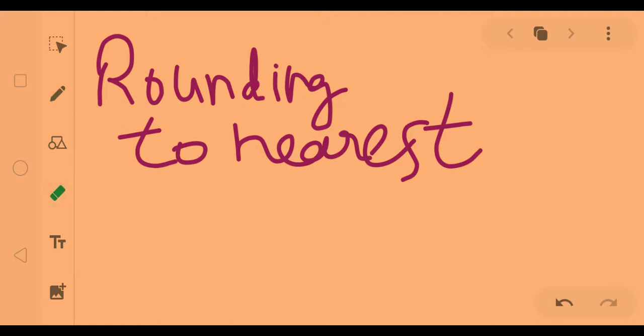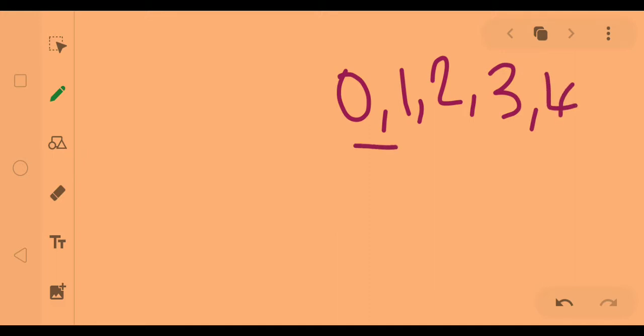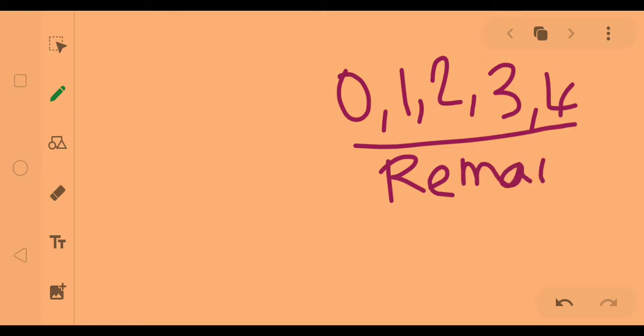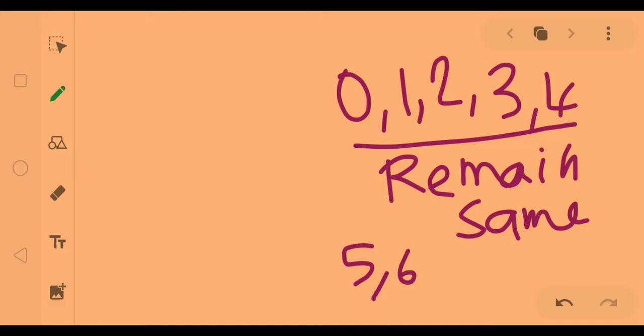The rule is that if the digits are 0, 1, 2, 3 and 4, the particular digit will remain the same. If the digits are 5, 6, 7, 8 and 9, the particular place will be rounded up.